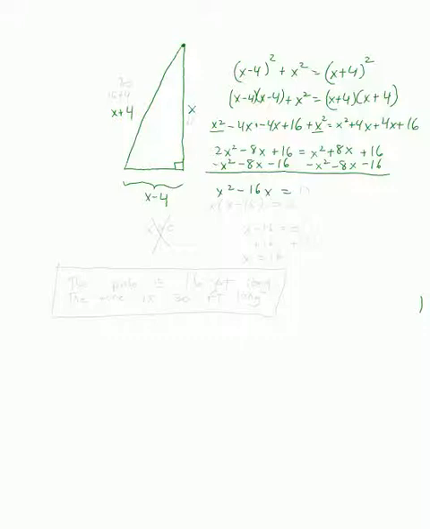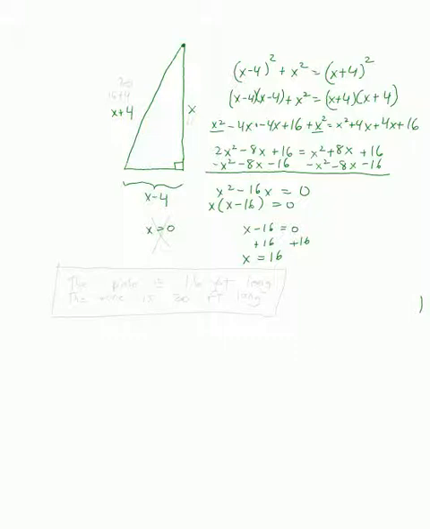On the right side, we end up with 0. Factor out an x, we end up with x times x minus 16 equals 0. Now we set each factor equal to 0. We end up getting x equals 0 and x minus 16 equals 0. For this one, we end up with x equals 16.